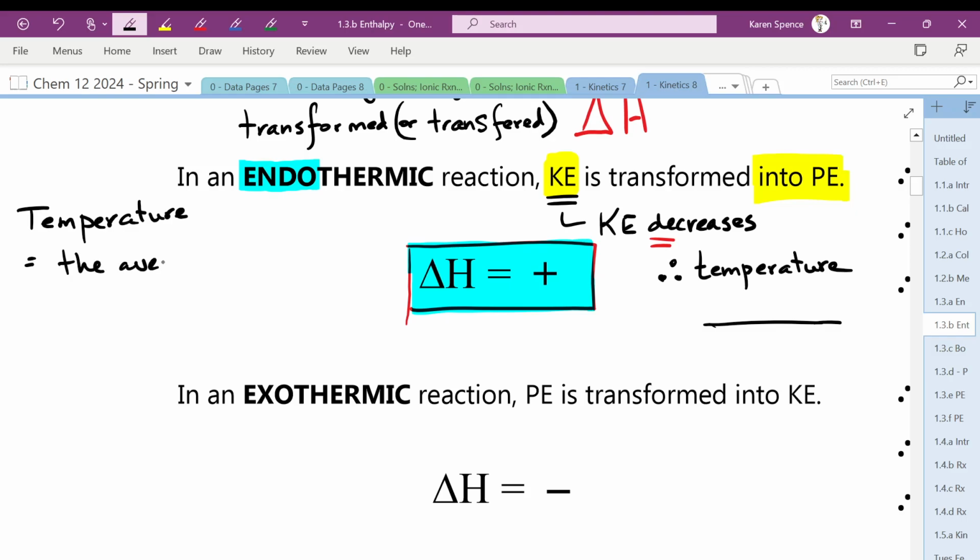The average kinetic energy of the particles. So just like enthalpy can be thought of as potential energy, temperature can be thought of as kinetic energy.